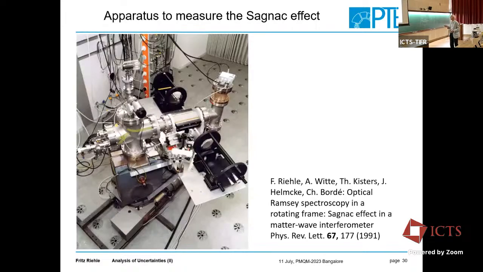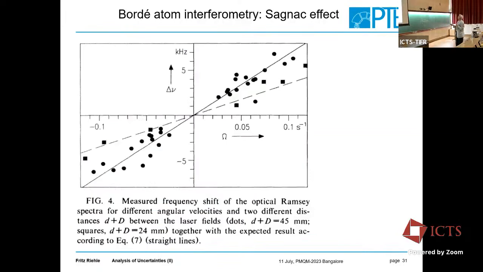And we have used an experiment where we put our apparatus onto a rotary stage. This is the atomic beam. Here is the oven. It goes in this direction. Here is the detector. And here are the 4 exciting laser beams. Okay, and what we saw is in fact that the shift would be as large as 5 kilohertz or so, depending on the rotational frequency.